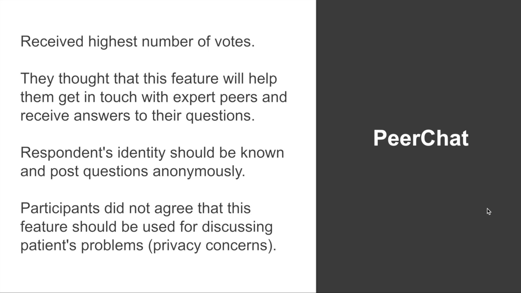But they thought that the peer chat would be more useful if it allowed them to ask questions anonymously, but they wanted to know the identity of the responders. And they did not think that this peer chat should be used to discuss patient problems for privacy purposes. They didn't want to use this feature for that reason.